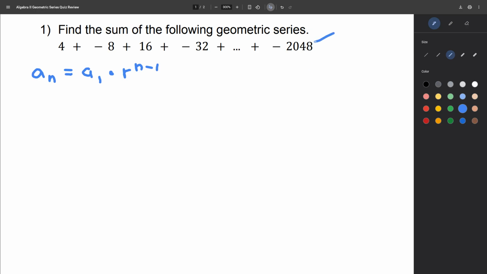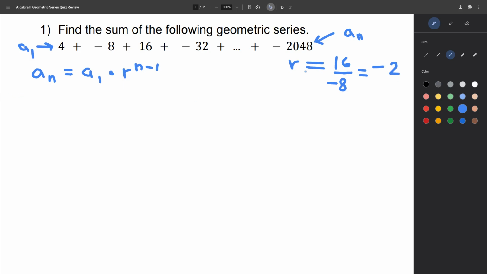So this here is my nth term. This here is my first term. And my common ratio we can get by dividing any term by the previous term. So let's say I pick 16 and divide by -8. That's going to give me -2 for my common ratio.